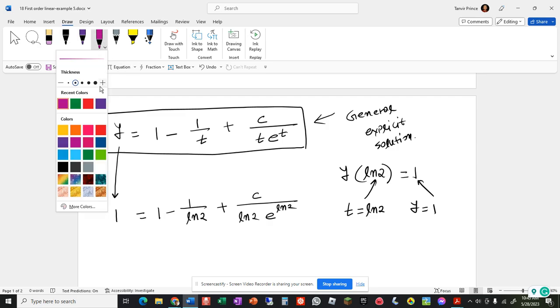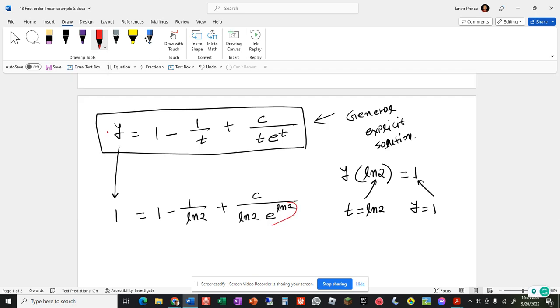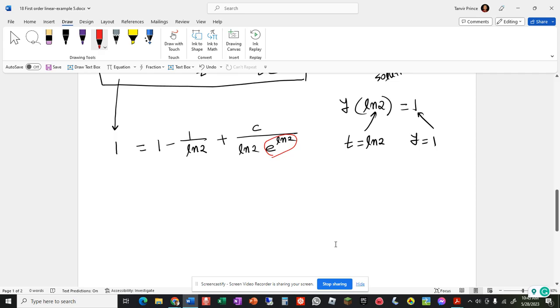Let's try to simplify this. Now, of course, e to the ln 2, that's just 2. And then I can subtract 1 from both sides. So the 1 is gone. So I get 0 equal to negative 1 over ln 2 plus c over 2 ln 2. And where I get that 2, that's e to the ln 2, which is my 2, right?